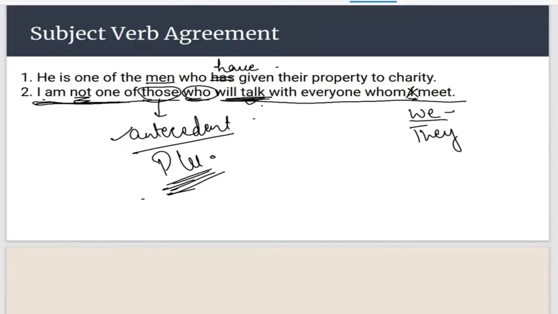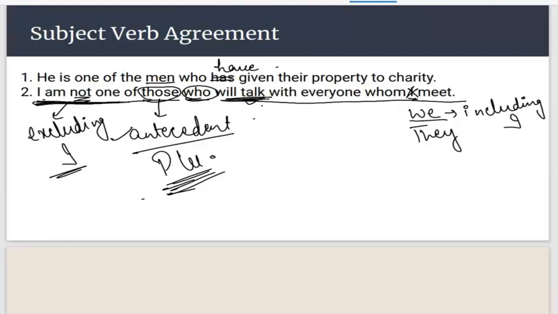Yes. Now we means including I. But in this sentence it is saying that I am not one of those. So in the first part of sentence it is excluding I. The person is excluding himself.